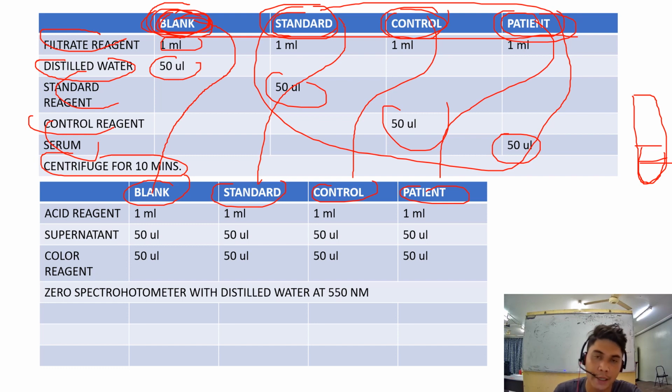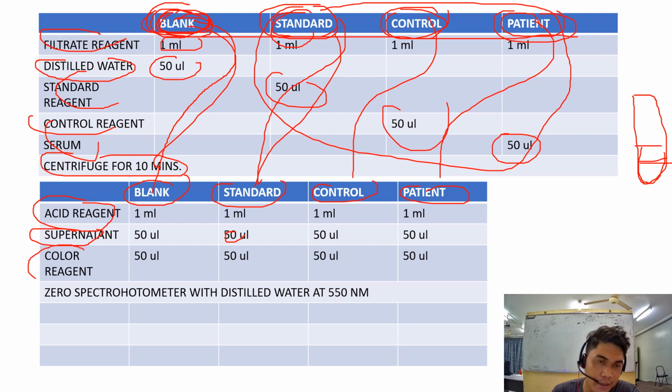In your four new tubes, you add 1 ml of acid reagent per tube and 50 µL of the supernatant, the same with control and patient.